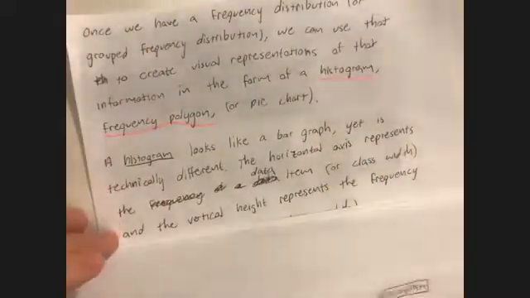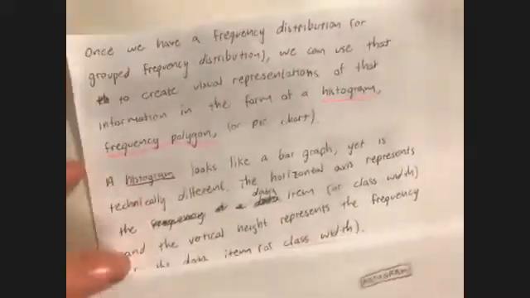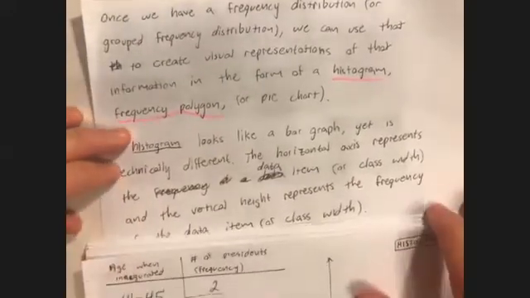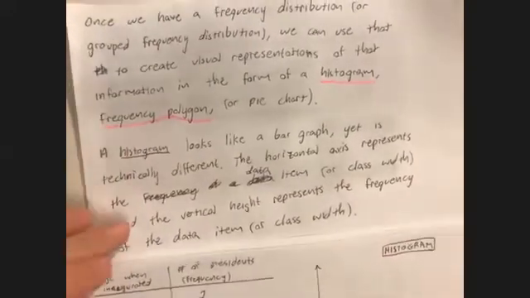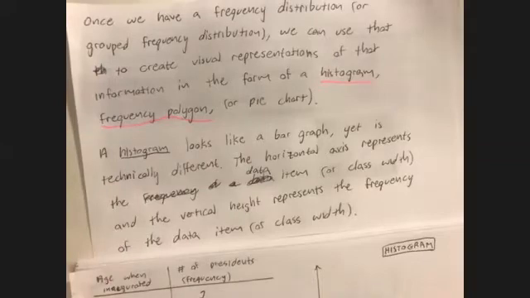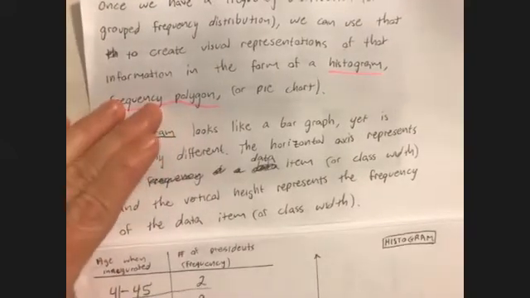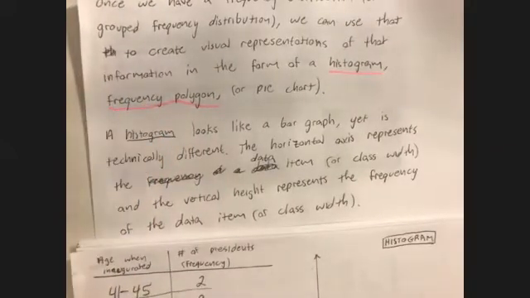Now, a histogram looks like a bar graph, and the book even calls it a bar graph. It's not really a bar graph. But the author calls it a bar graph, so we'll use that terminology. But really, what we're creating are these rectangles.